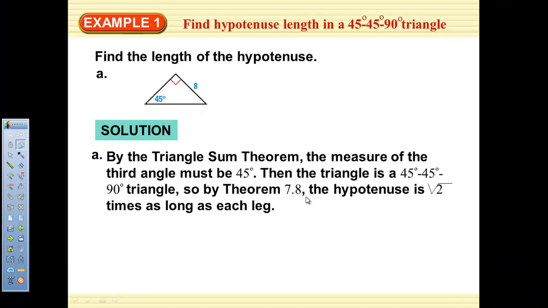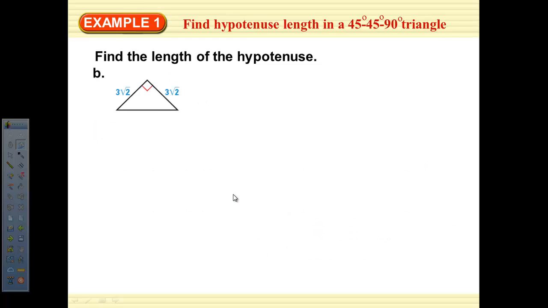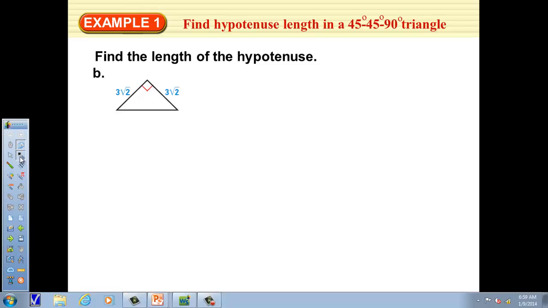So again, we're using the triangle sum theorem to state that this angle right here is 45, so it's a 45, 45, 90, and theorem 7.8, which tells us the two legs are equal, and the hypotenuse is rad 2 times the leg. So they kind of make it look a little bit more complicated, but we get 8 rad 2 there.